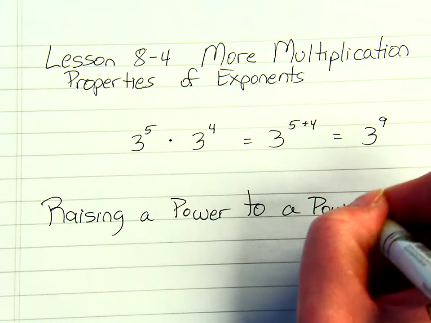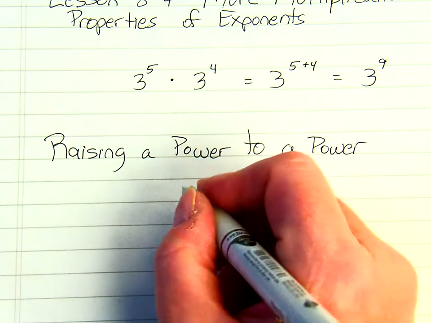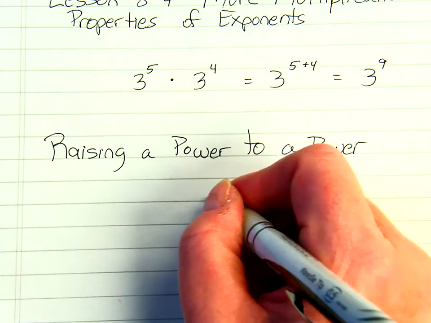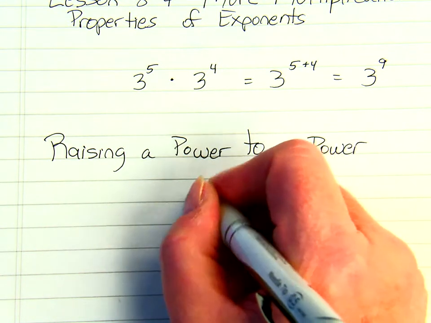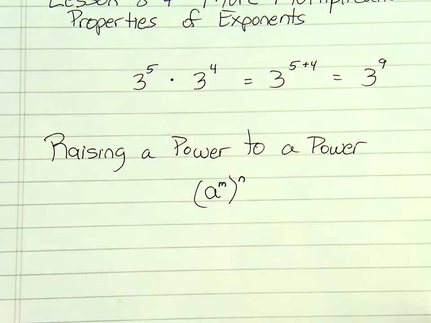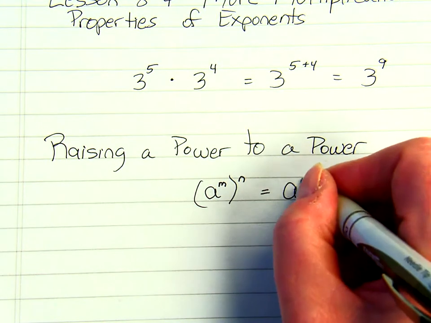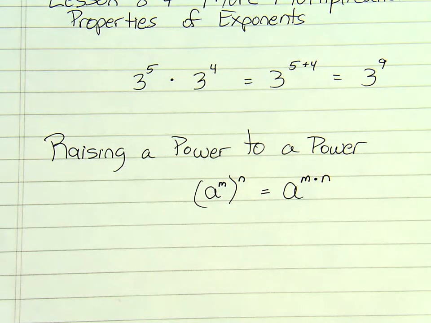Okay, so what is this going to look like? In algebraic terms, we would say a to the m raised to the n is a to the m times n. Let's put that in numerical terms.